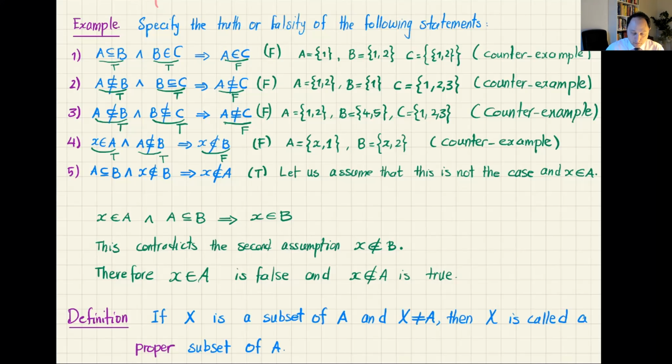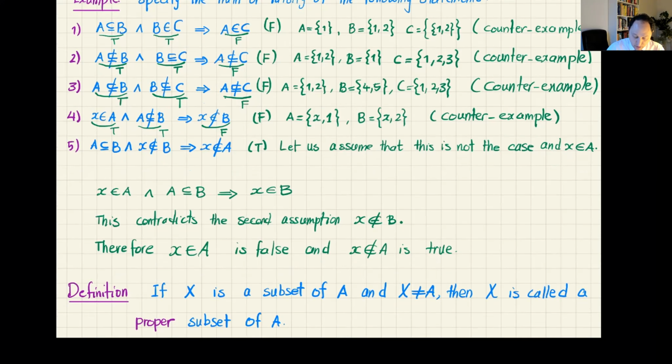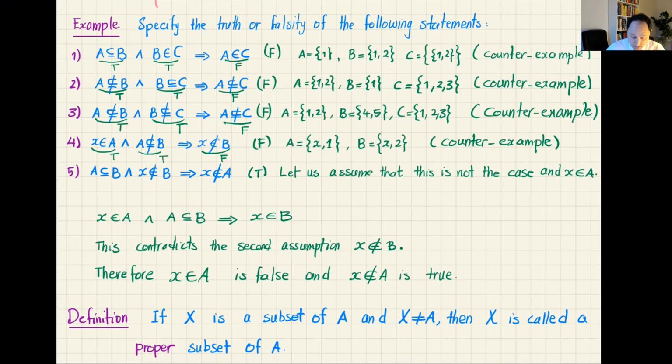I just want you to know this word. Sometimes people talk about the proper subset. Usually, this is not universally adopted, especially in slightly older books. I would write it simply like this: X is a subset, but I don't put this horizontal line.